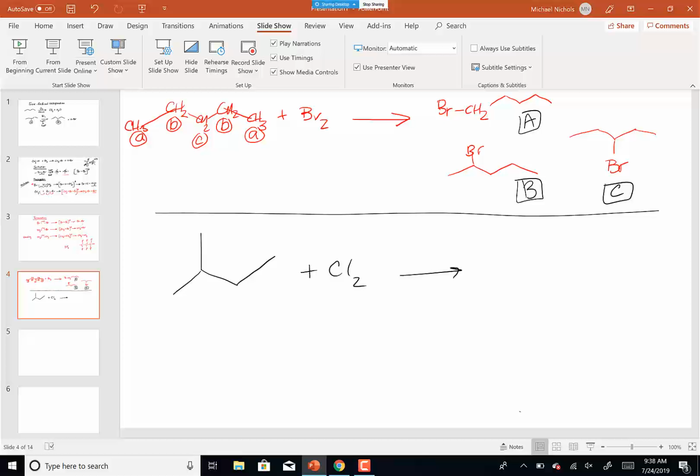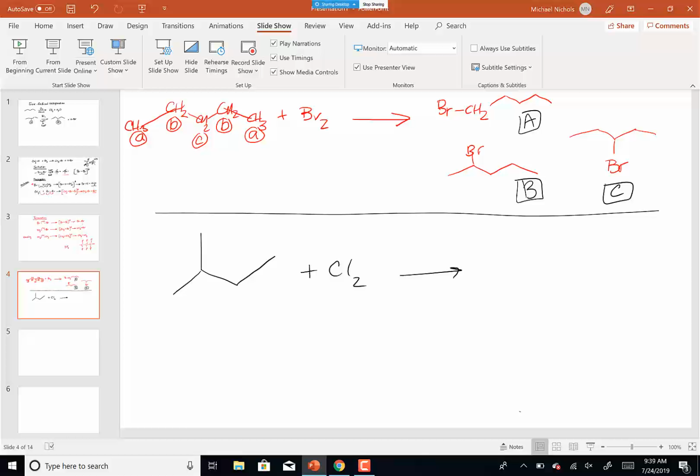Now I want to know how many products, and then what I'd like you to do is to draw out the three possible, but that number doesn't mean anything, because that may or may not be the correct answer. 3 was the one from above.